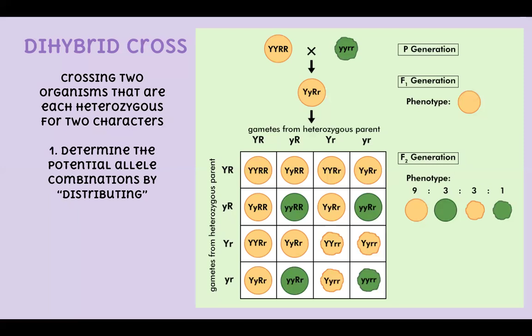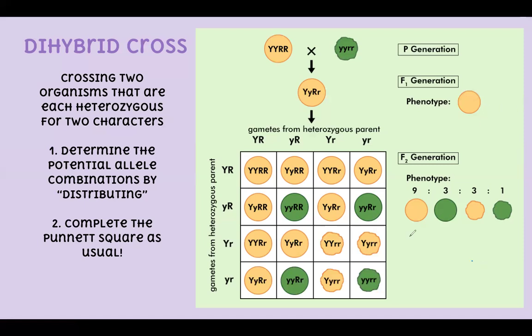The Y gene doesn't care what the R gene is doing. So Y can combine with R in all sorts of ways. So we need to predict all of the possible gametes from the parents. And we're going to do that with foiling or distributing, like from math. Hopefully you remember foiling, but I'll show you anyways. Once you do that, you'll set up your Punnett square just like normal, and then you can solve.